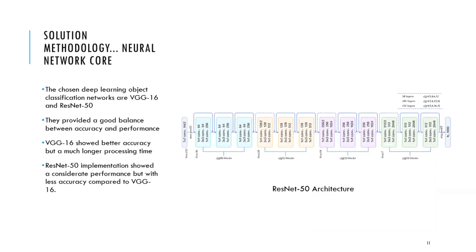For the neural network core, we tested a lot of predefined networks, but we settled on VGG16 and ResNet 50 because they provided a quite good balance between accuracy and performance. VGG16 and even 19 later showed better accuracy, but took much longer processing time compared to ResNet, which showed good performance but was less accurate than VGG16.